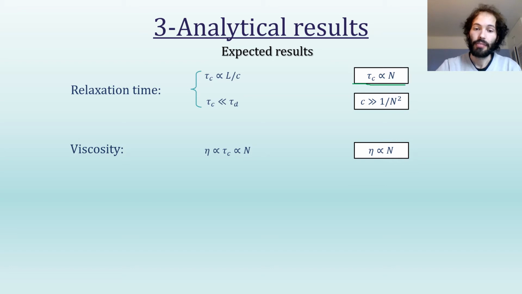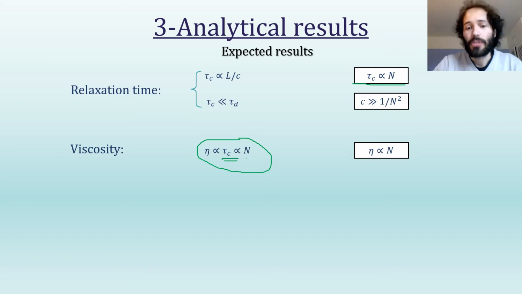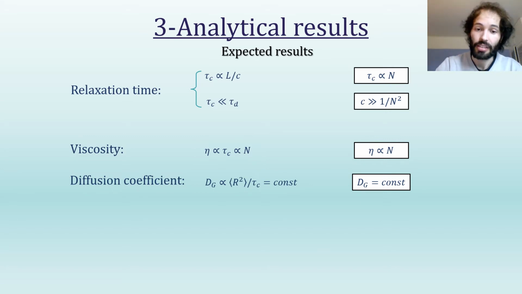Consequently, the viscosity that depends on the relaxation time will also depend linearly on the molecular weight. And finally, the diffusion coefficient of the center of mass becomes a constant when the drift is the main relaxation mechanism, so it does not depend on the molecular weight.